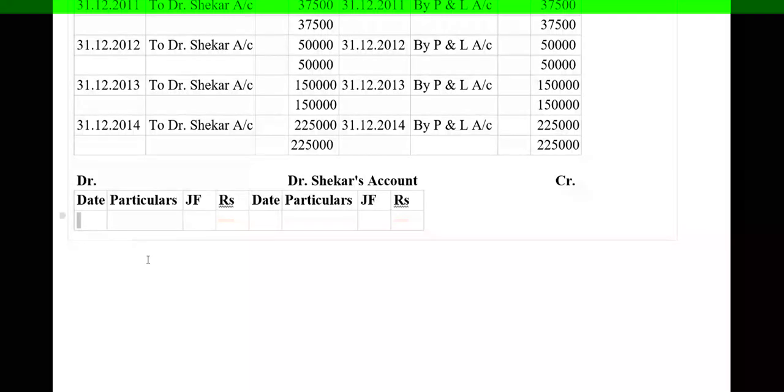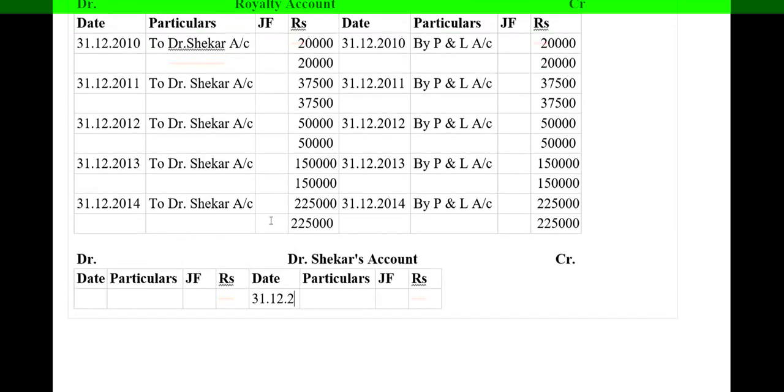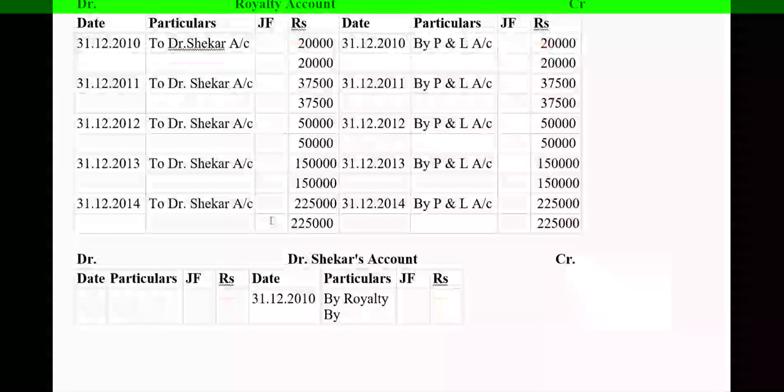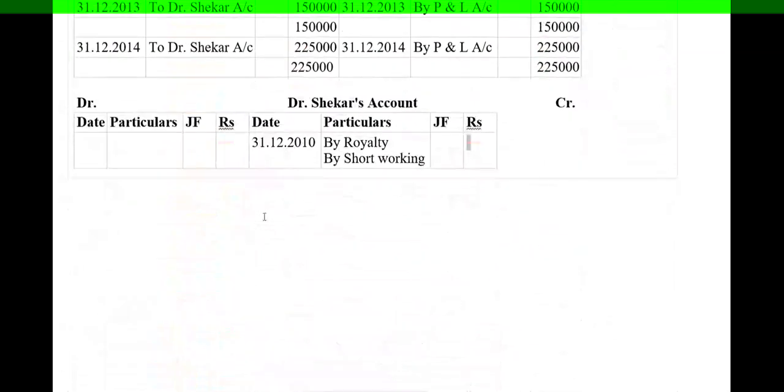Now when the royalty is payable at the end of the year on 31st/12/2010, the entry will be royalty account debit, short working account debit to Dr. Shekhar's account. So Dr. Shekhar's account is credited by royalty and by short working on the same day. So royalty is rupees, you can see in the chart, 20,000.